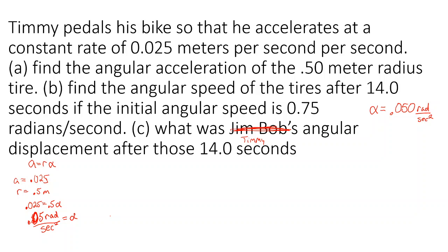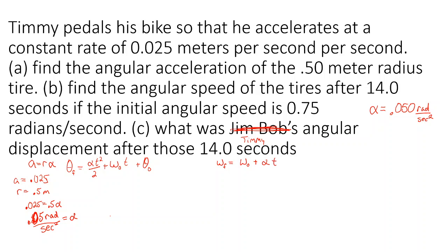So we're going to use the distance equation, but make it an angular distance equation: alpha times t squared over 2 plus omega initial times time plus theta initial equals theta final. Oops, that's for part 3. Part 2 is omega final equals omega initial plus alpha times time.